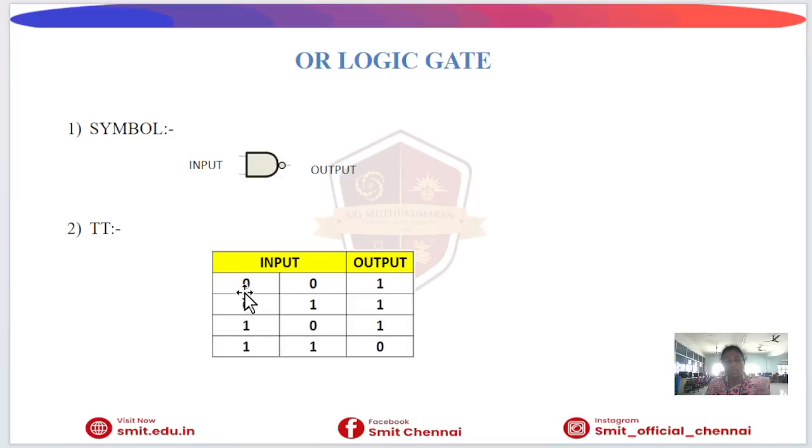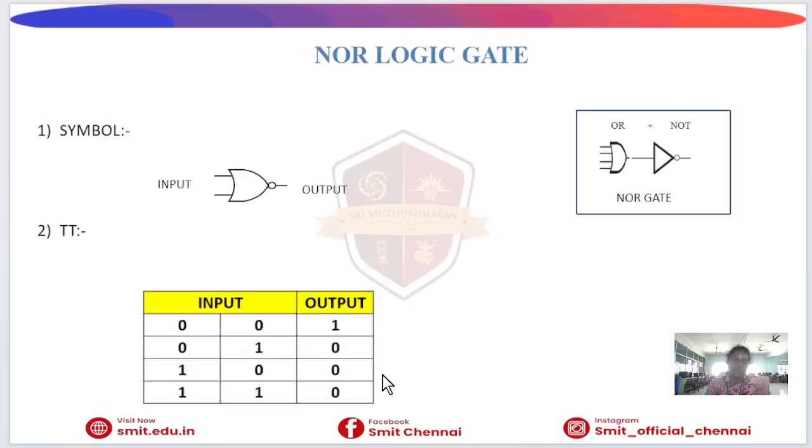In OR, 0 plus 0 is 0; here there is a bubble, so it gives 1. 0 plus 1 is 1, 1 plus 0 is 1, and 1 plus 1 is 1 in OR. So we have the OR gate, that is Y equals A plus B. Only one condition needs to be true, for example, traveling by bus or bike. This is a real-time example of the OR gate.